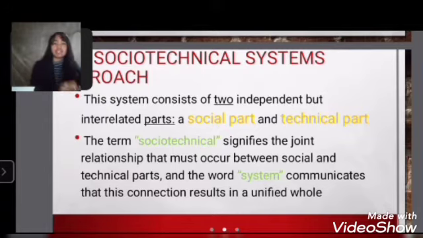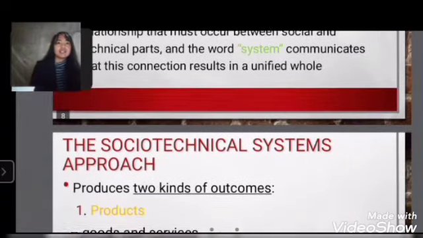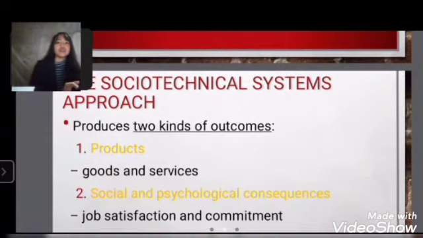The socio-technical systems approach has the idea that the design and performance of any organizational system can only be understood and improved if both social and technical aspects are brought together, because they must act together in order to accomplish the task. So it is said to be a unified whole. In addition, this approach produces two kinds of outcomes.